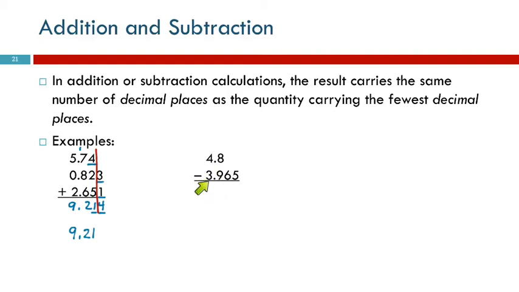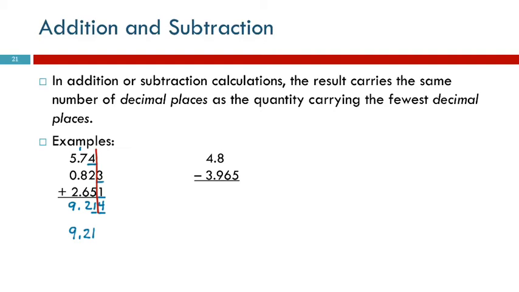So in this one, how many decimal places should the answer have? 1. Just 1. Because this one has 1 decimal place. This has 3 decimal places. This one only has 1. So we do the math. 4.8 minus 3.965.